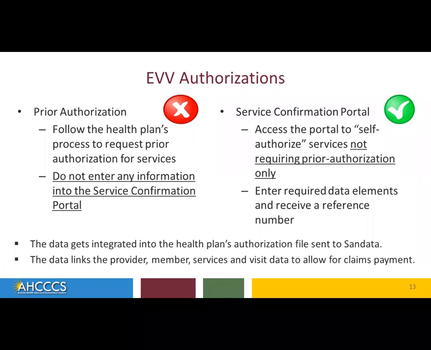The files then get combined together into the authorization file, and if you're using the SAN data system, you get access to that information. I don't know how the third-party systems work, and whether or not they load authorizations from the health plans. So that would be a question to ask your vendor.